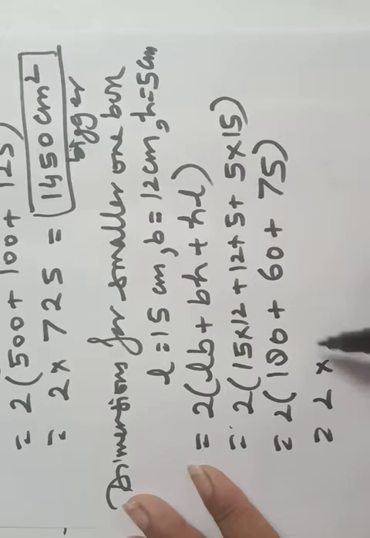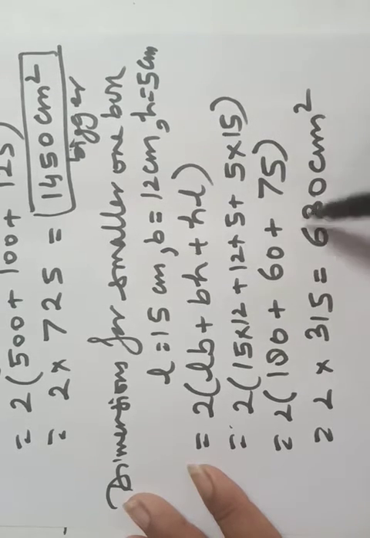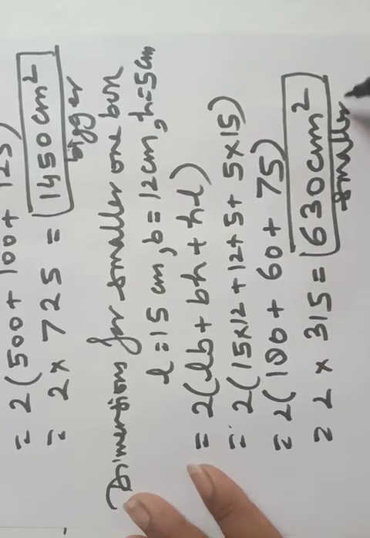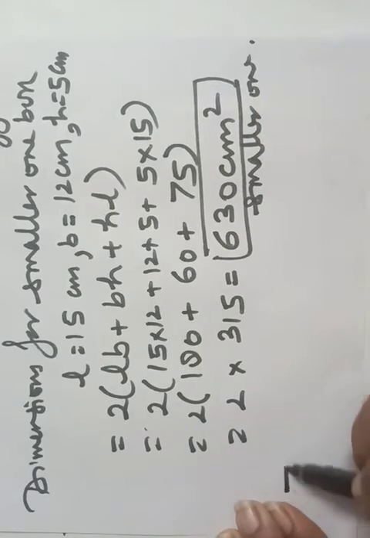By adding this we get 315, and by multiplying by 2 we get 630 centimeter square. So this is the surface area for the smaller one. Now we have to find the total surface area.